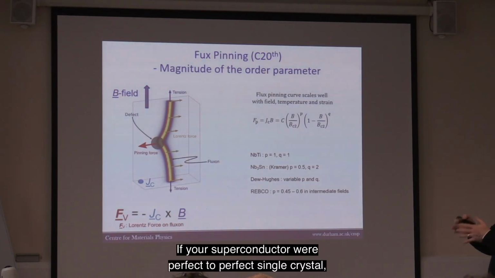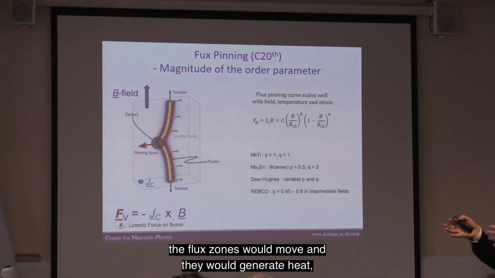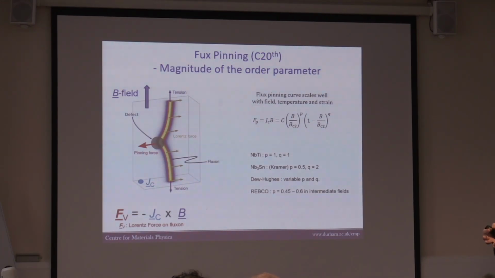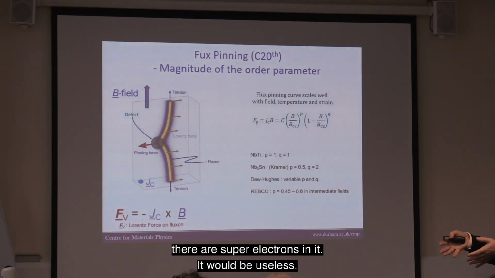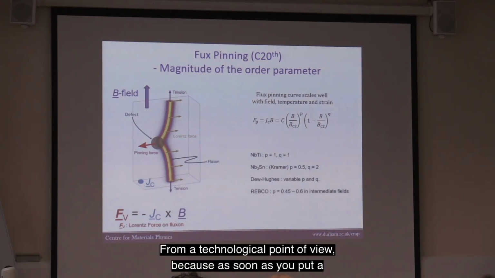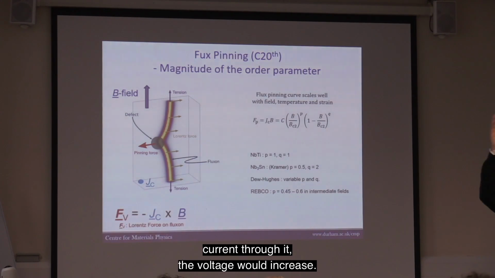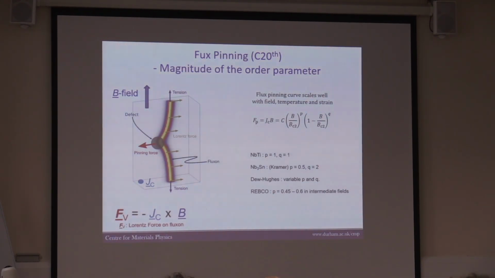If your superconductor were a perfect single crystal, the fluxons would move and they would generate heat, which means that although the material would be superconducting, there are superelectrons in it, it would be useless from a technological point of view, because as soon as you put a current through it, the voltage would increase, you'd generate heat, and we couldn't use it as a superconductor.